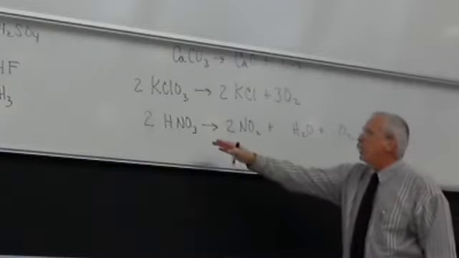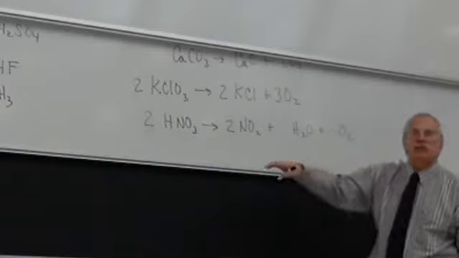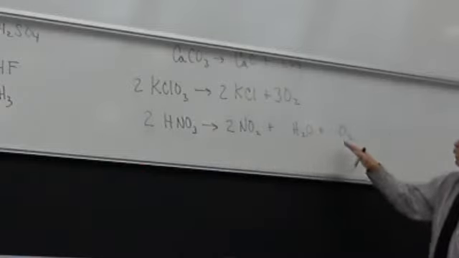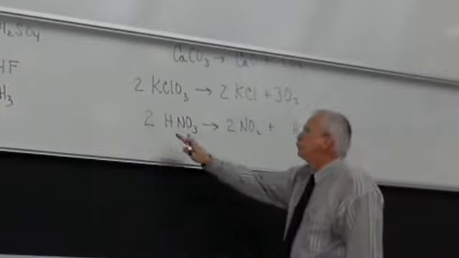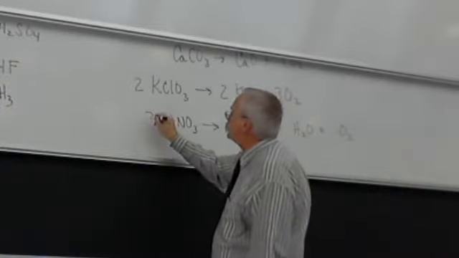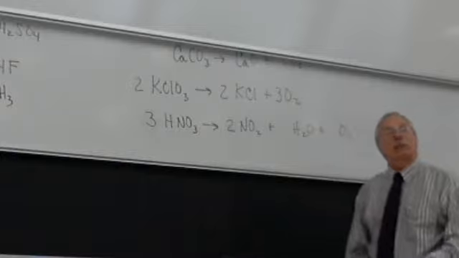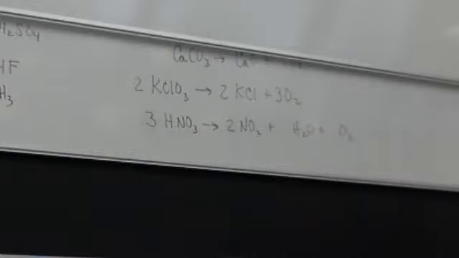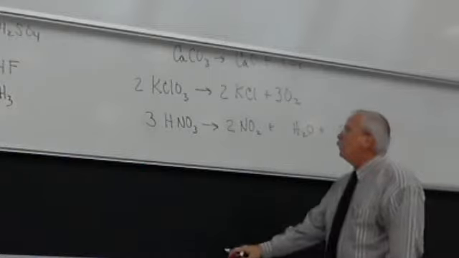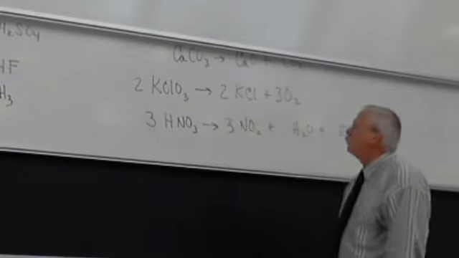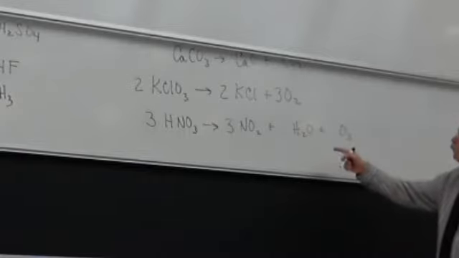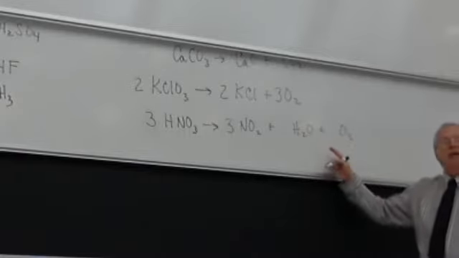I have 6 oxygens, but as we saw just a second ago, we have 4, 5, 7 oxygens here, which means we need more oxygens on the left. So let's just characteristically bump this up by 1, see what we get. Now I've got 3 nitrogens, so I have to change this to a 3 to get 3 nitrogens. I have 3 hydrogens, but here I have only 2 hydrogens.